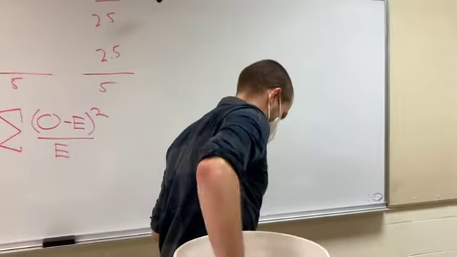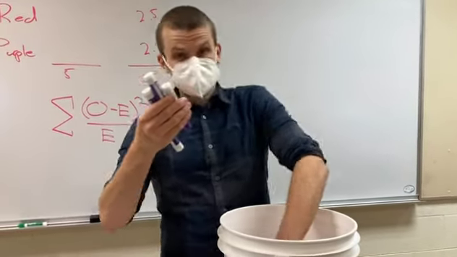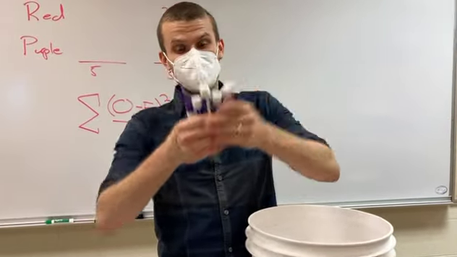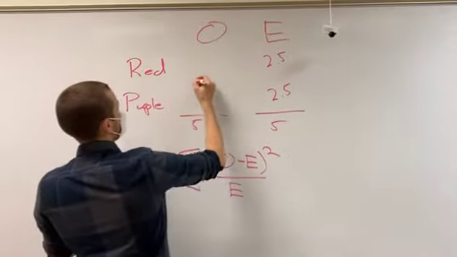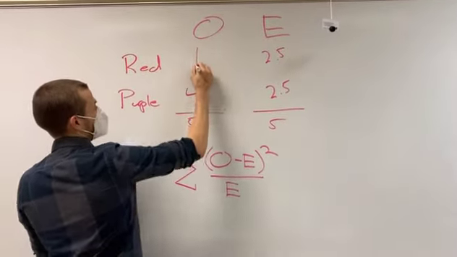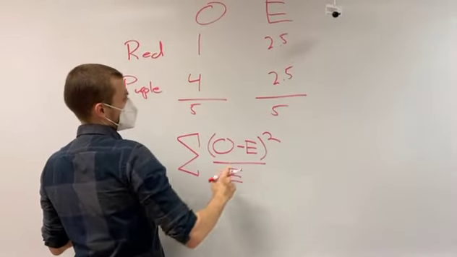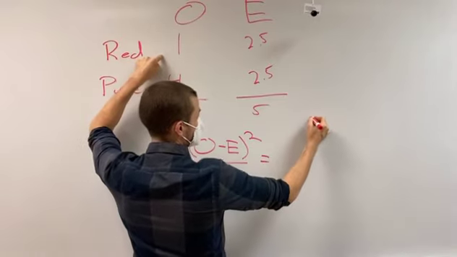Try not to forget. 1, 2, 3, 4. Oh boy. So that's 4 purples, 1 red. Let's set this term up. So now, making this equal, we'll do reds first.